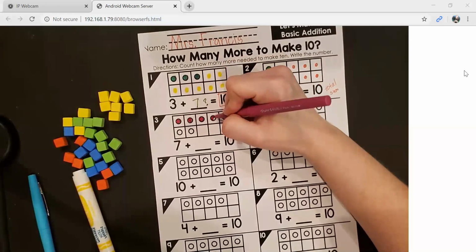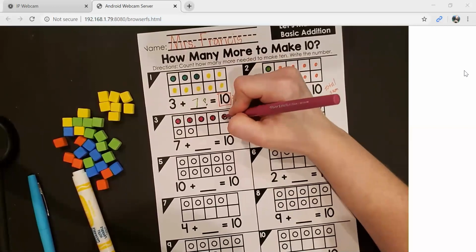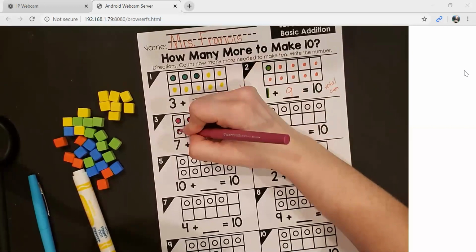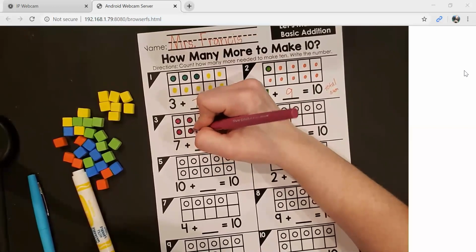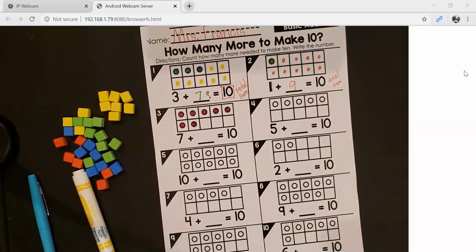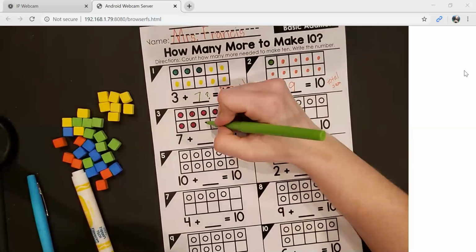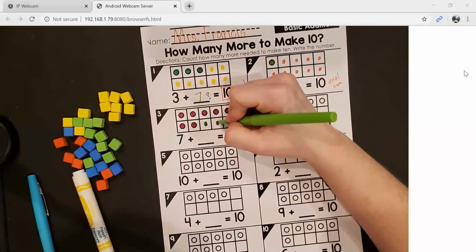I had 10 scoops of ice cream. 7 of those scoops of ice cream were cherry ice cream. The rest were mint green ice cream.